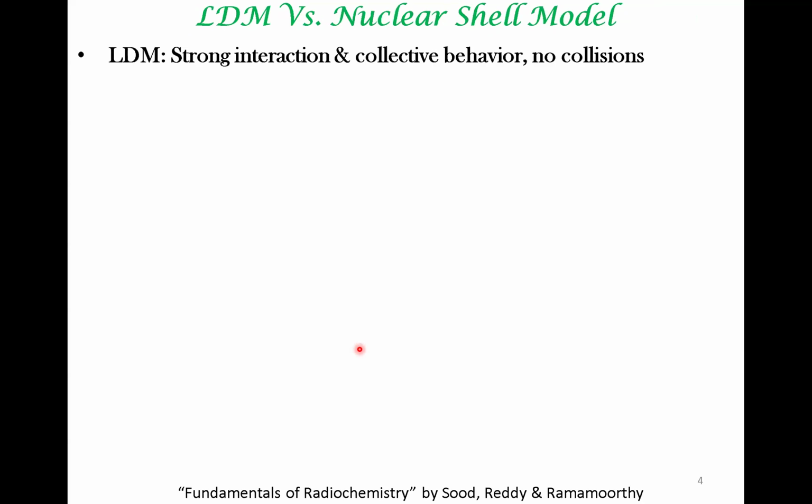So let's also contrast the liquid drop model against the nuclear shell model. Liquid drop model suggests strong interactions within the nucleons, because of which the nucleus behaves like condensed matter. There is something like a nuclear matter which offers collective behavior, collective oscillations. So when you have condensed matter like normal liquids and solids, there are no collisions.